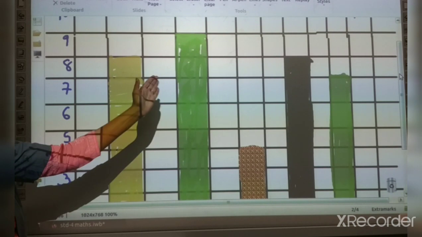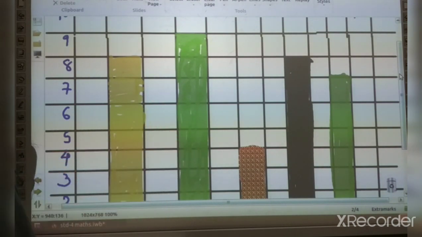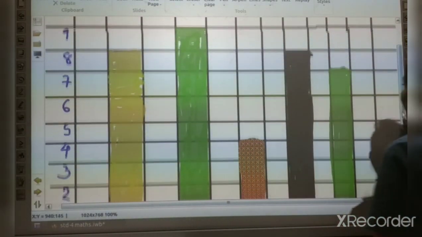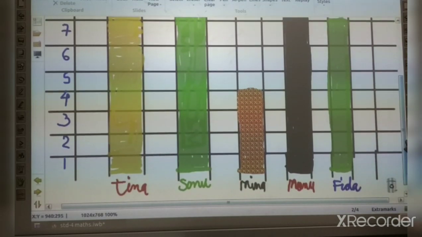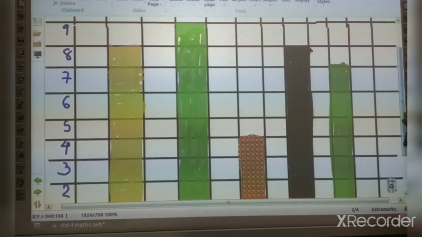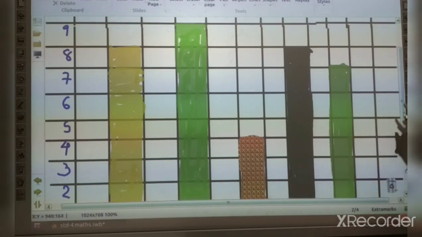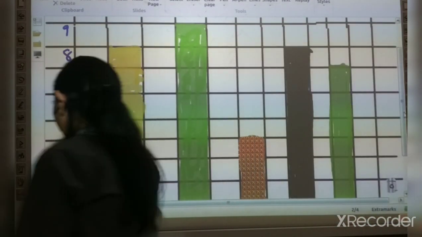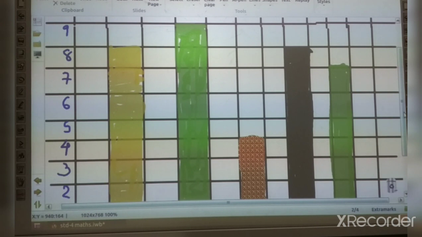So you do 9 minus 4. The answer is 5. Sonu got 5 more marks than Meena. The last one is, how many fewer marks did Tina get than Sonu? Compare Tina and Sonu's marks. Tina got 8 marks and Sonu got 9 marks. So the answer is 1.